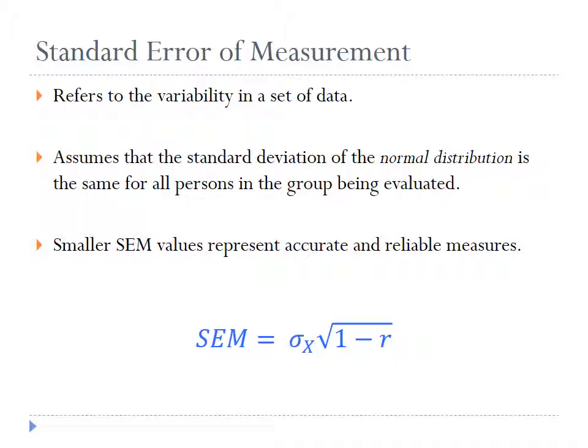A concept that's related to reliability is standard error of measurement. Standard error of measurement, or SEM, as it's often abbreviated, refers to the variability in our set of data.